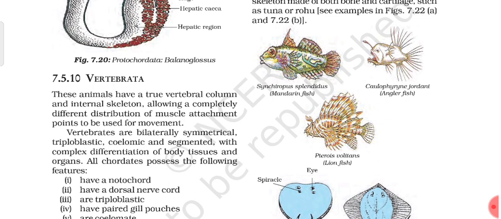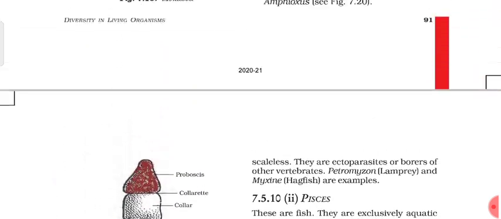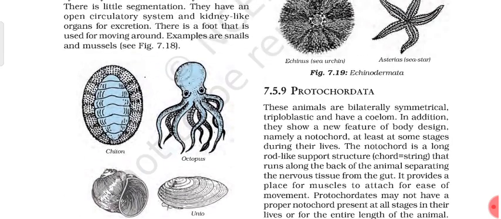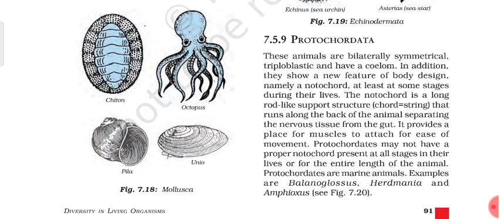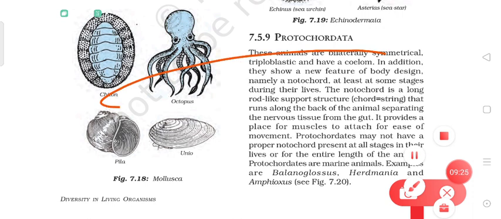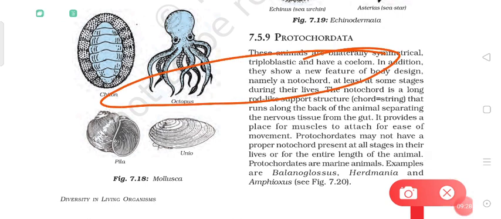If they have a notochord, they are called chordates, but they are divided into two subphyla: Protochordata and Vertebrata. Let's understand the difference between them. In Protochordata, the notochord, a rod-like structure, is found either throughout the body or just confined to the tail region.